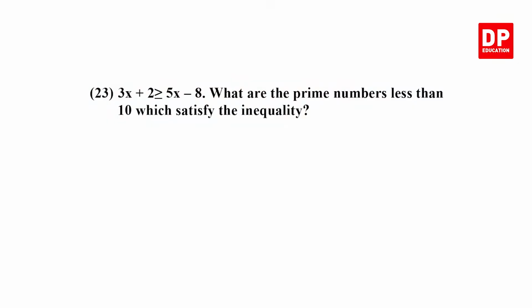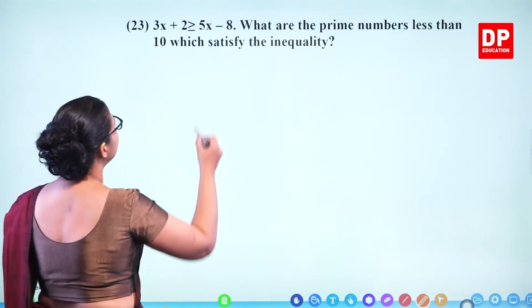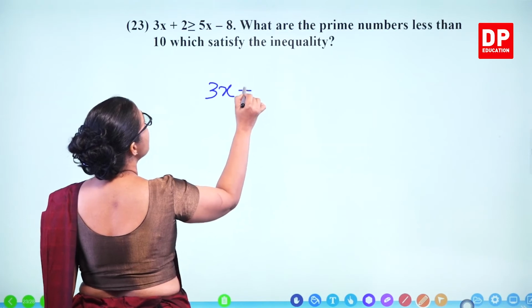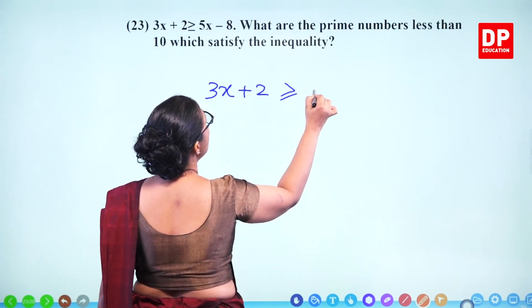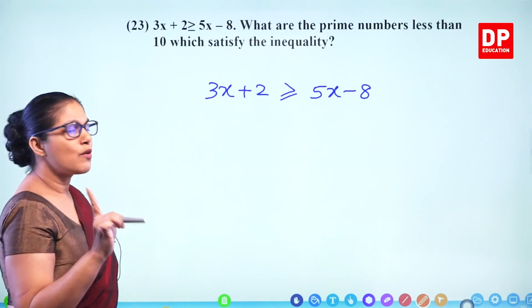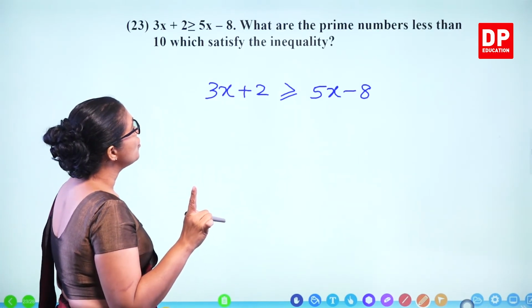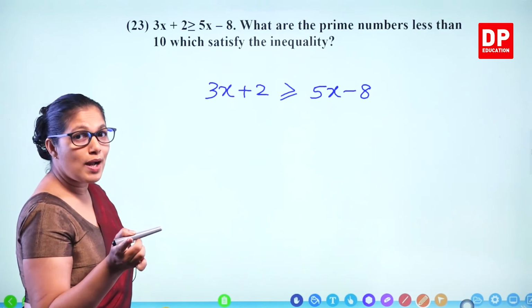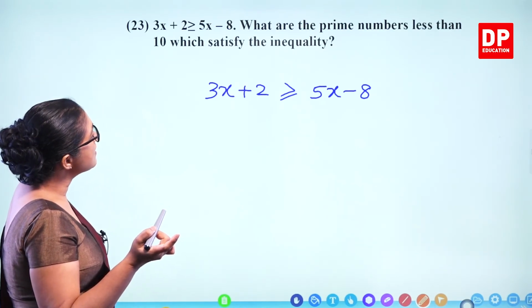Question number 23. You have an inequality. What are the prime numbers less than 10 which satisfy the inequality 3x plus 2 is greater than or equal to 5x minus 8? First you need to solve the inequality. You have to take all x terms to one side and numbers to the other side.